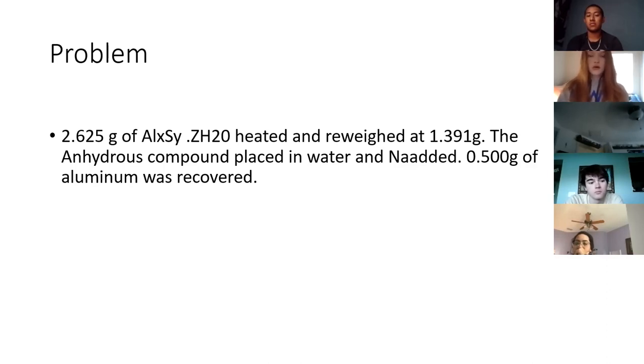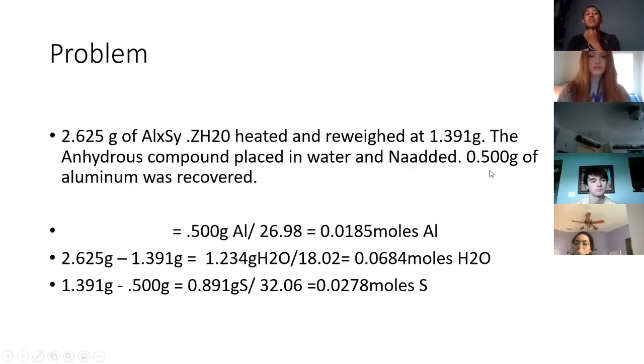Okay, absolutely. The 1.391 is the weight of the anhydrous, only the weight of the aluminum and sulfur. If I know what the weight of the aluminum is, I subtract those two, I get the weight of my sulfur. So that's basically what you all told me to do. And I got these three numbers.